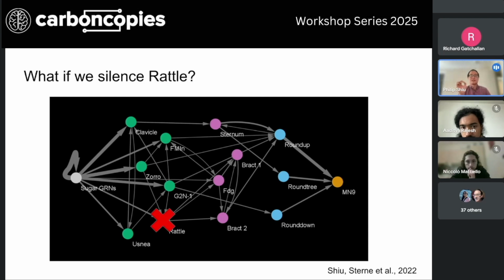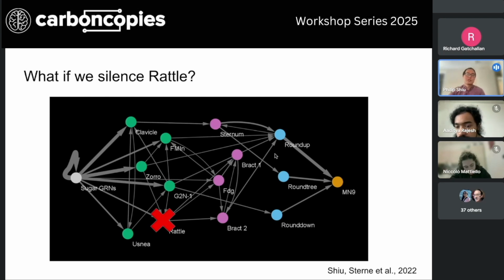Basically, you can imagine Rattle as a neuron that relays sugar information, that sugar has been detected, eventually to the motor neurons. And if we cut part of the connections to the proboscis motor neurons, then we would imagine that this would result in decreases in the fly's ability to detect sugar, and therefore the fly would not extend its proboscis to sugar.